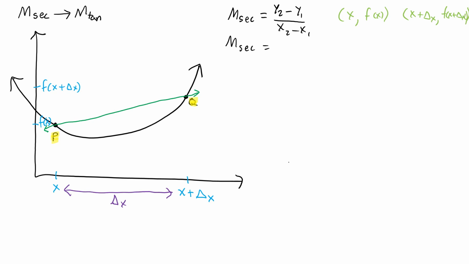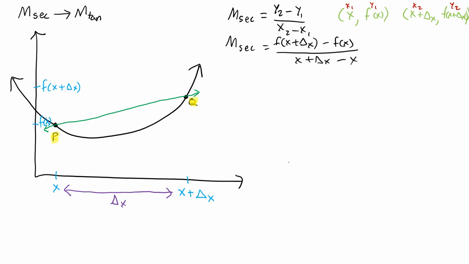All right? So now I can say that this is x1, y1, this is x2, y2. So then m secant will be f of x plus delta x minus f of x all over x plus delta x minus x.